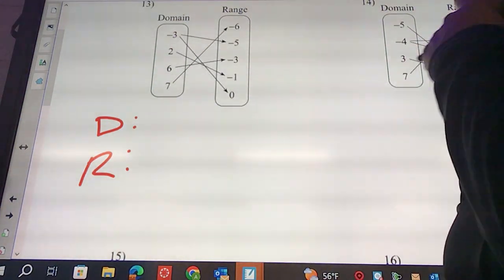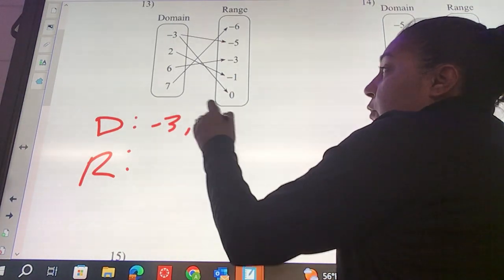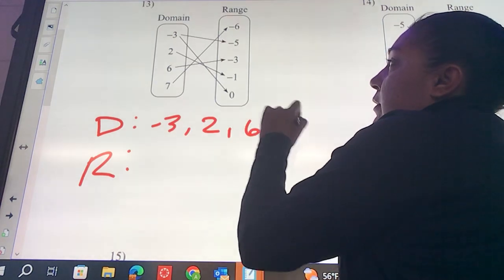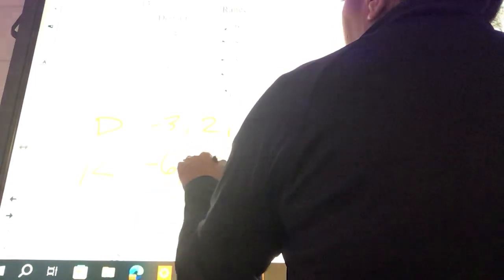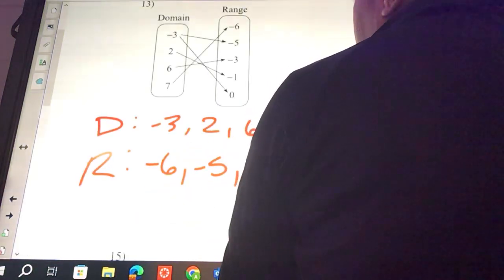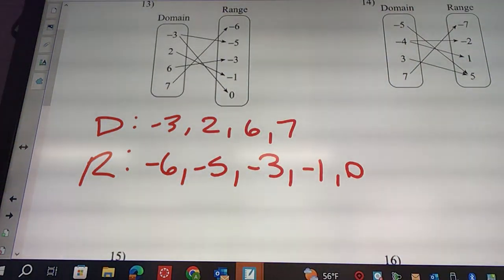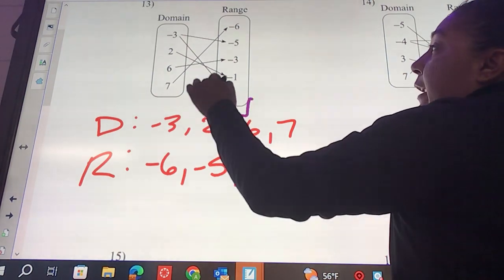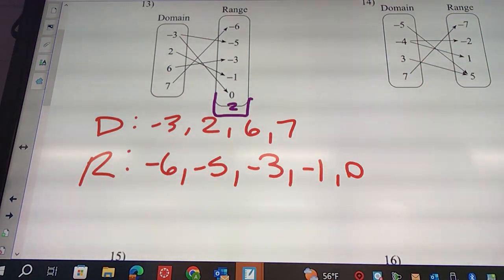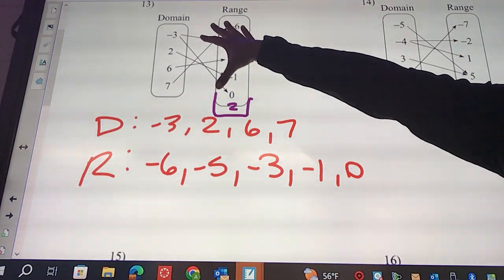And so we can tell what the domain is very easily. What is it? -3. What else? 2, 6, 7. The range is what? -6. Good. -5. Good. -3. -1. 0. Okay, now we have to pause just for a second. If this was a little bit longer, and I put a 2 here and there's no arrow going to the 2, even though it's on the list, it does not qualify as the range.